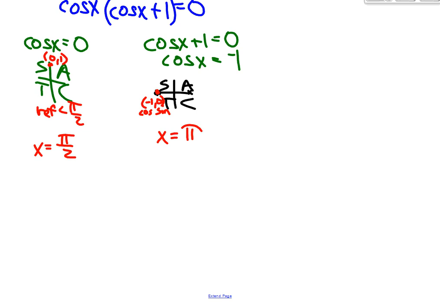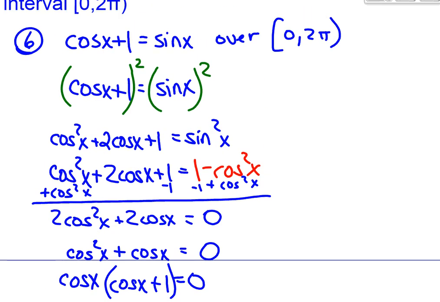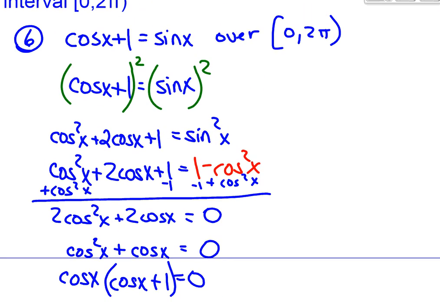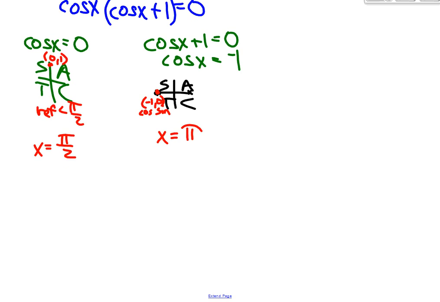I want to go all the way to the very beginning, original problem to check. And that's cosine x plus 1 equals sine x. So I'm going to come down here and say it was cosine x plus 1 equals sine x. And I'm going to check my work.